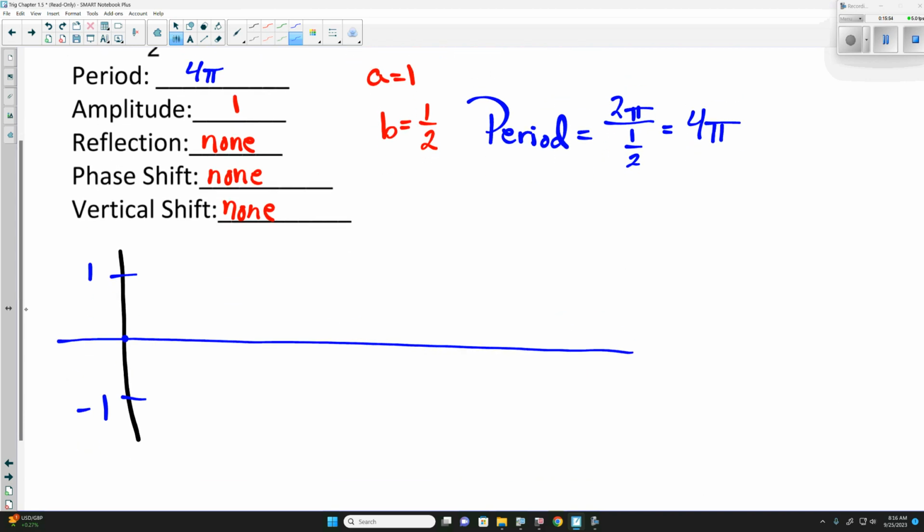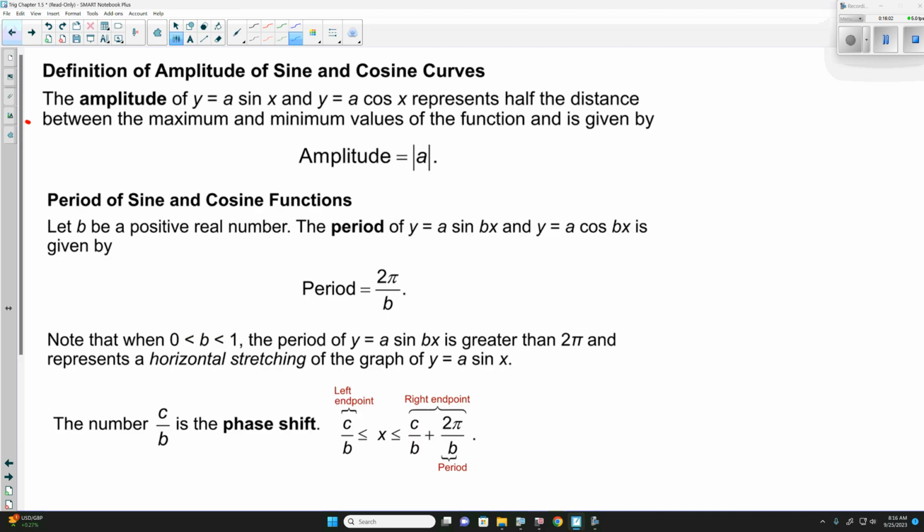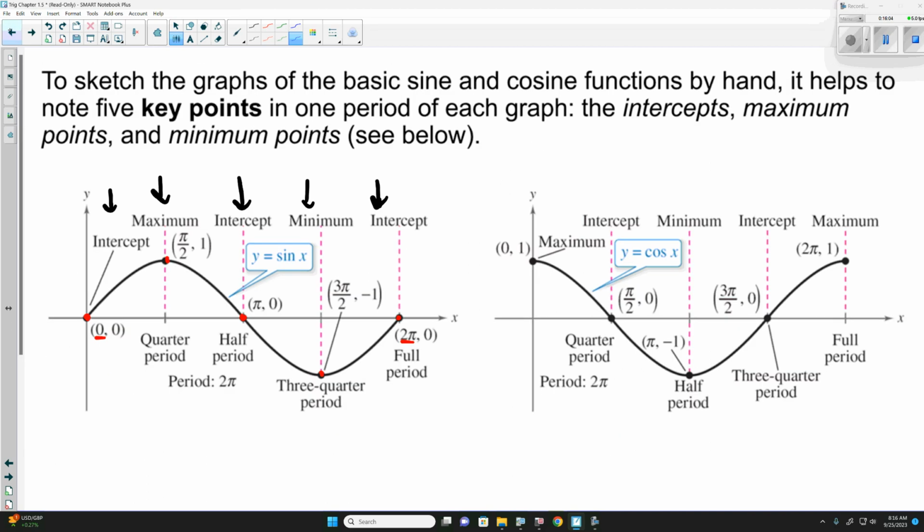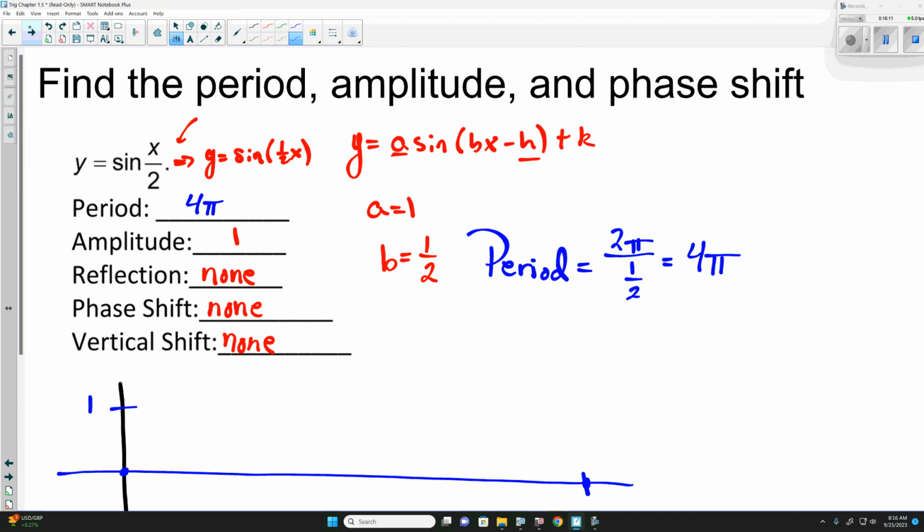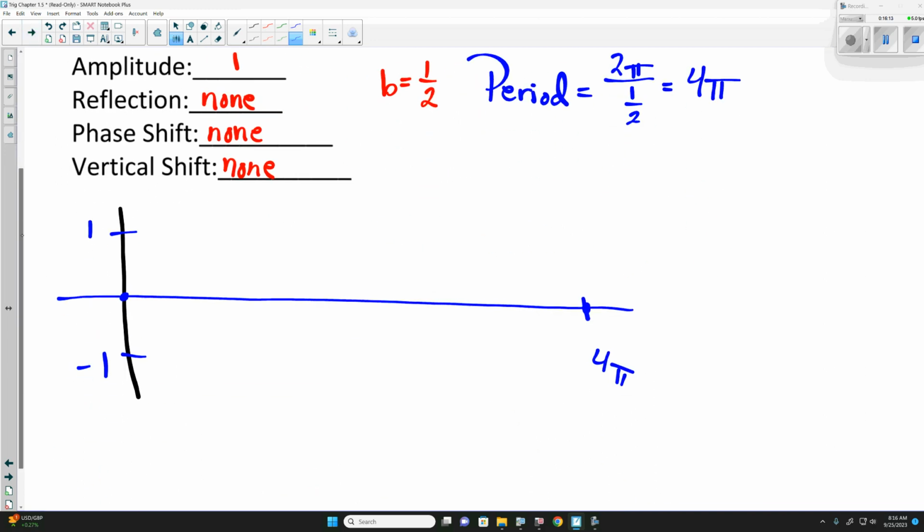Now what we're saying is that the new period is from 0 to 4 pi, because our original sine function started at 0, 0, and at 2 pi was back at 0. At the halfway point, which normally would be pi, it would be back at 0, but for us here, it's now at 2 pi.